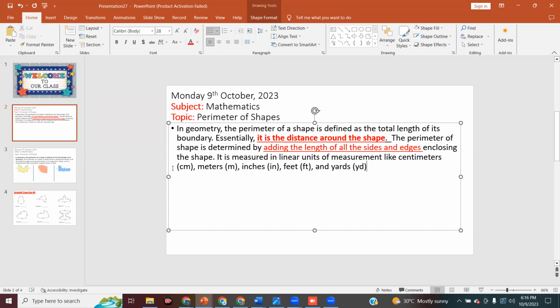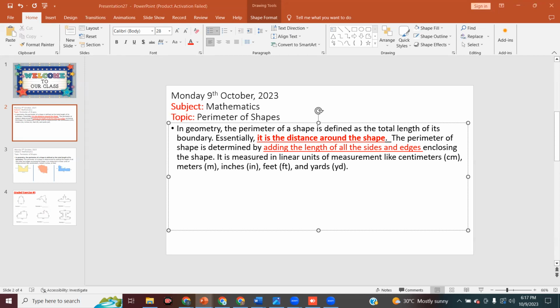We can even find the perimeter of a circle as well. I think tomorrow we're going to look at that. The perimeter of a circle we typically call the circumference, but it's the same thing as perimeter.